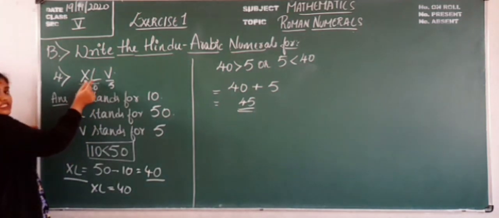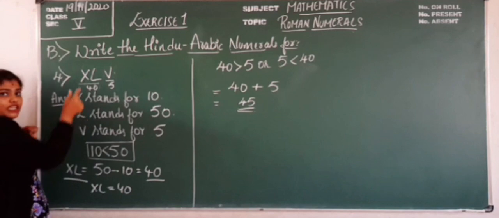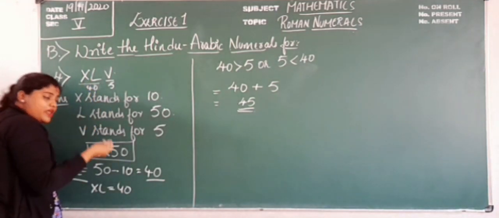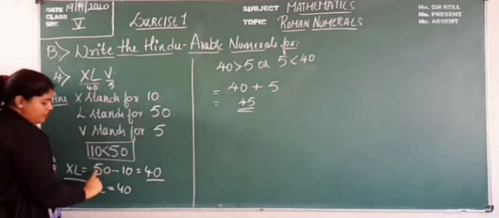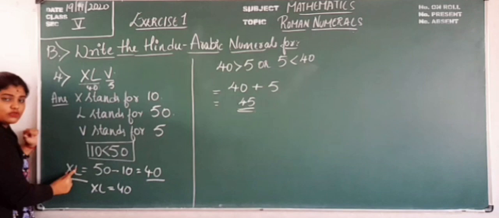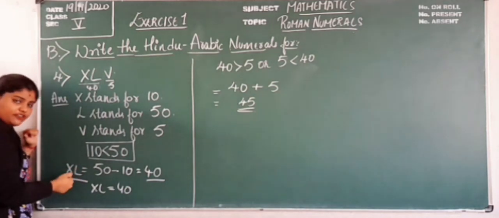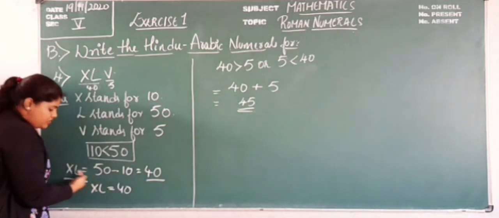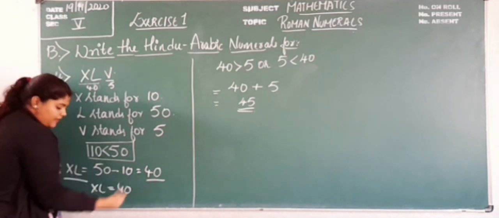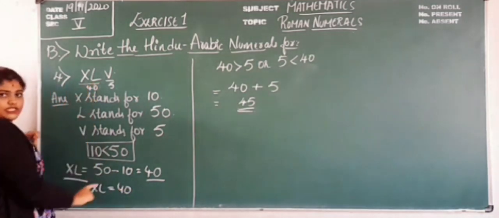So we have subtracted 50 minus 10, which gives us 40. So XL is 40.